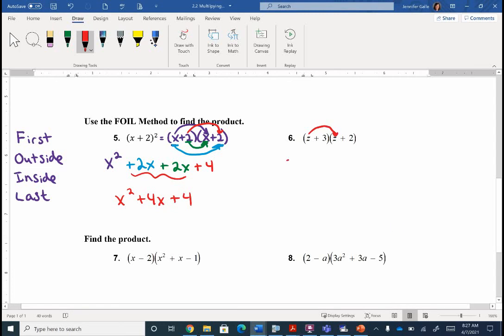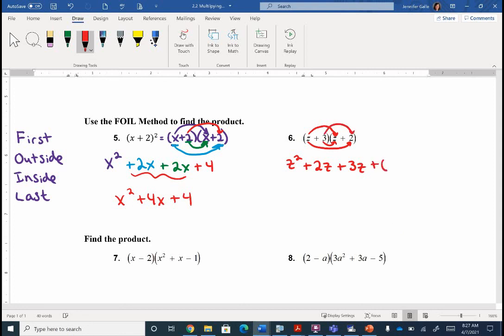Our first terms would give us a z squared. Our outside terms would give us a 2z. Our inside terms would give us a 3z. And our last terms would give us a 6.